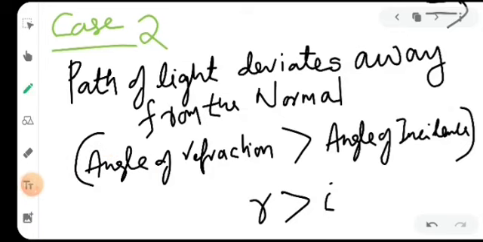Similarly, we have case 2, where the path of the light deviates away from the normal, which means the angle of refraction is now more than the angle of incidence. So R should be greater than I. When do both these cases occur? Let me take you to a deeper analysis.